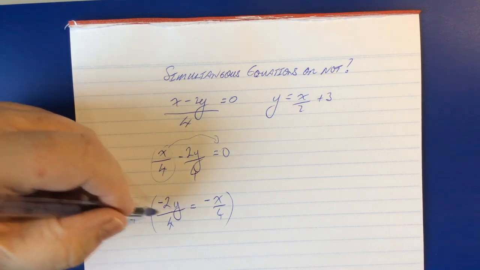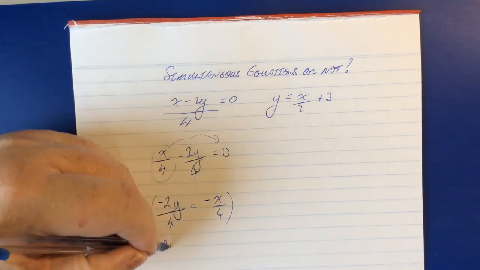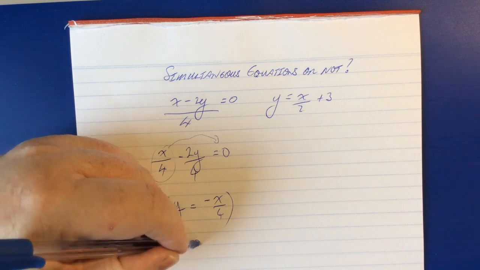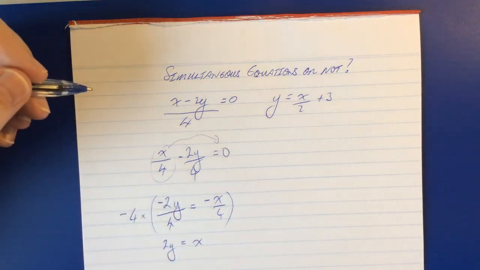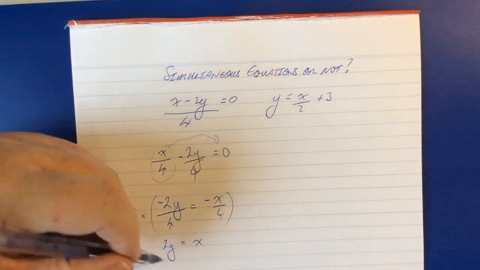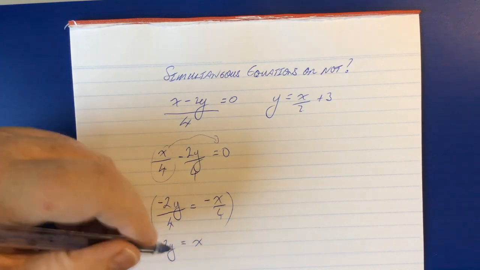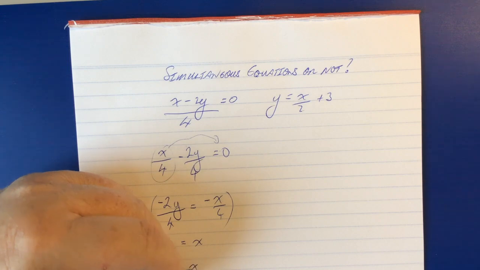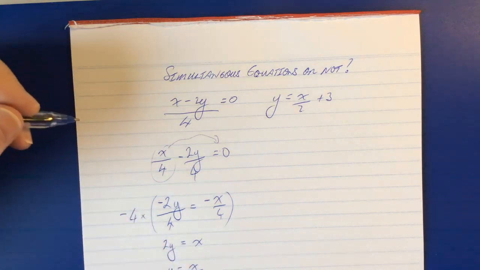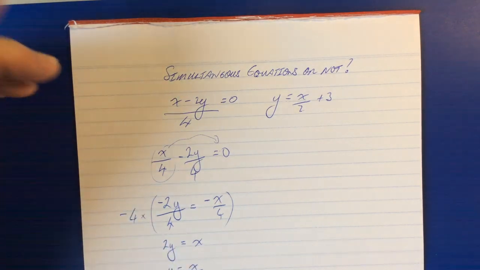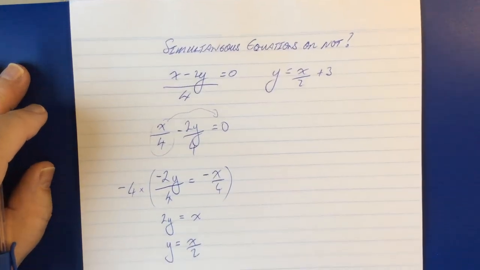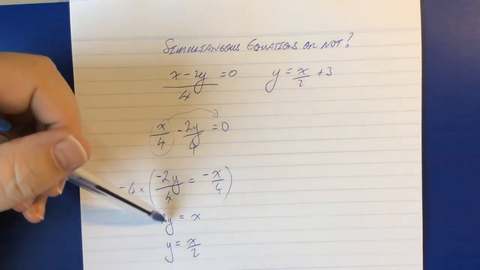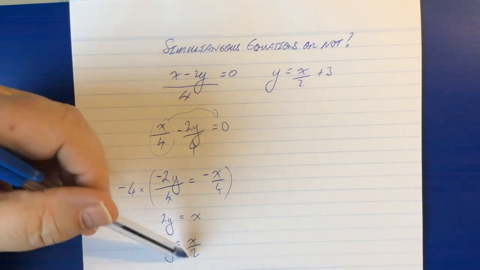So negative 4 times this will give me 2y equals x. Now, it's a simple rearrangement from here to do the following: y equals x divided by 2. You can see, I'll put that into the frame. So from here, I move to here, y equals x over 2.